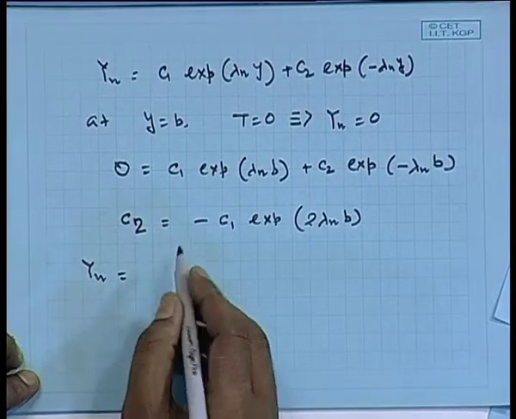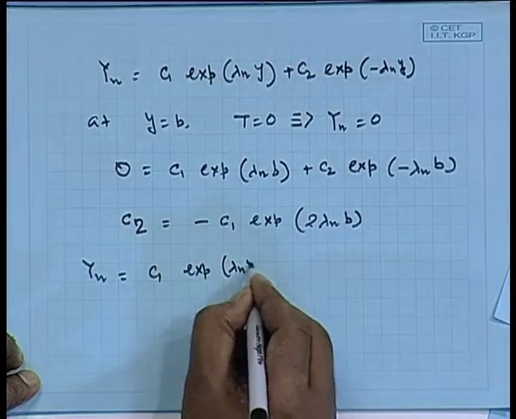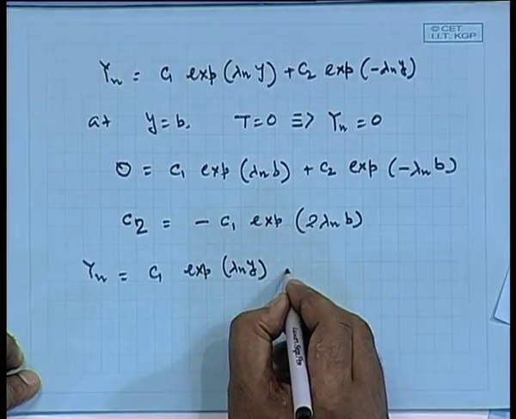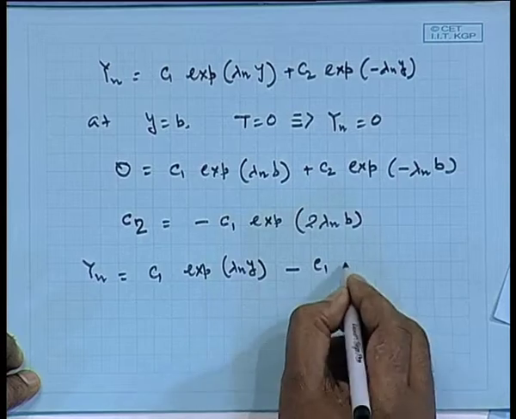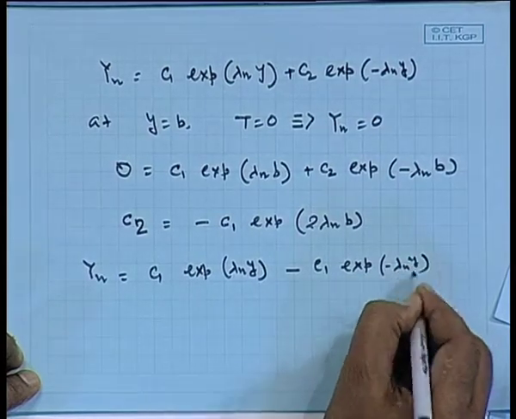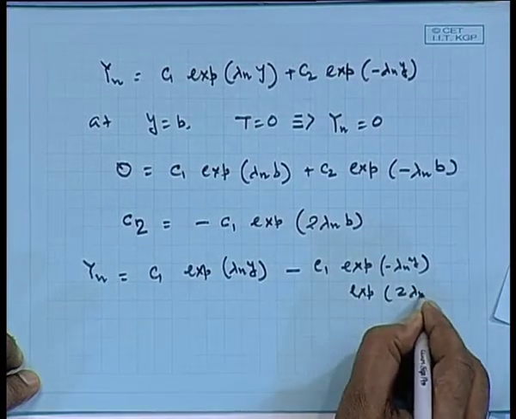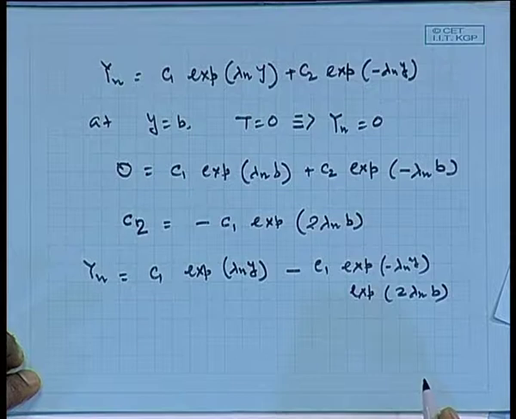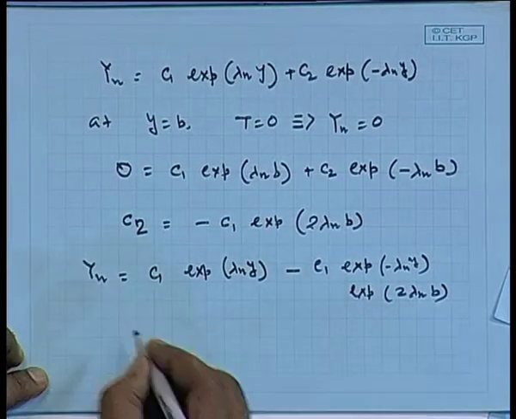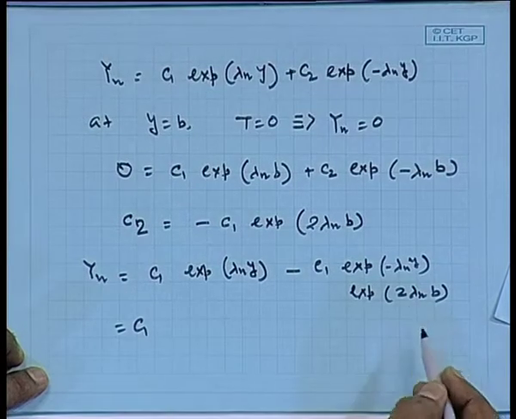Y n is C1 exponential lambda n y minus C1 exponential minus lambda n y exponential twice lambda n b. Okay. So, you take C1 and exponential lambda n b in common.